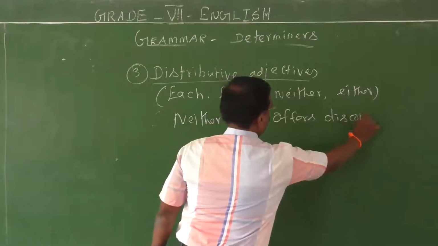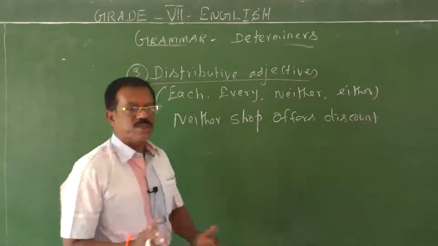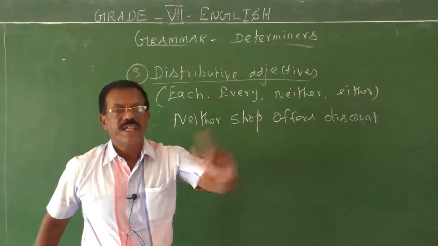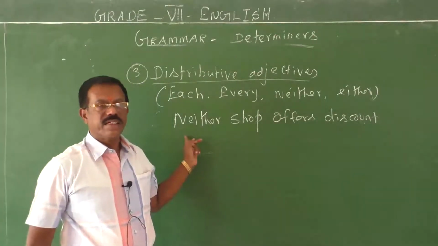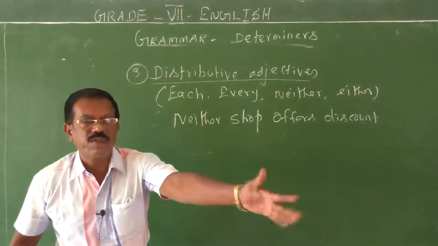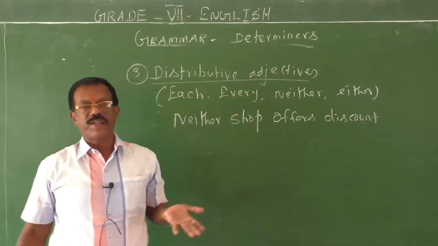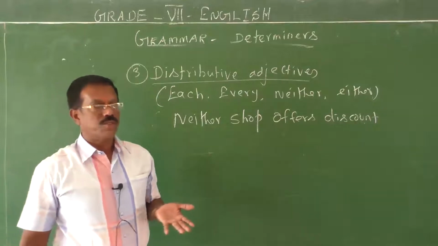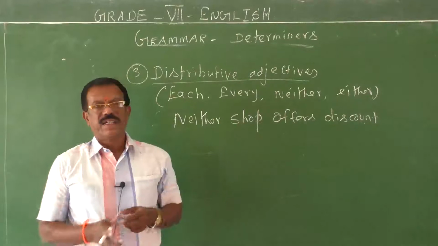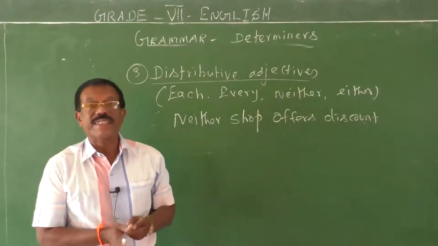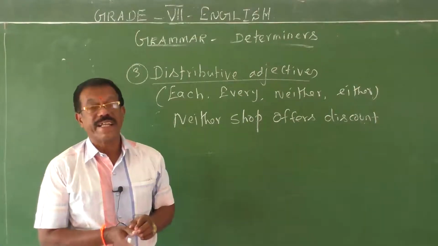So when you use either, it refers to this or that, any one of these two. But if you use neither, this is also not good, that is also not good. So it gives you a negative meaning. Okay. So you should be very careful in the use of either or and neither nor. They are also used as correlative conjunctions, either or and neither nor.